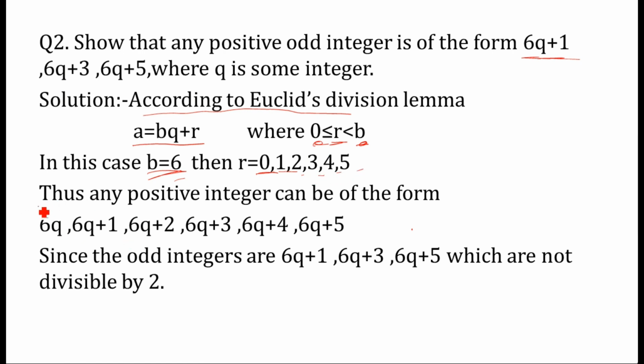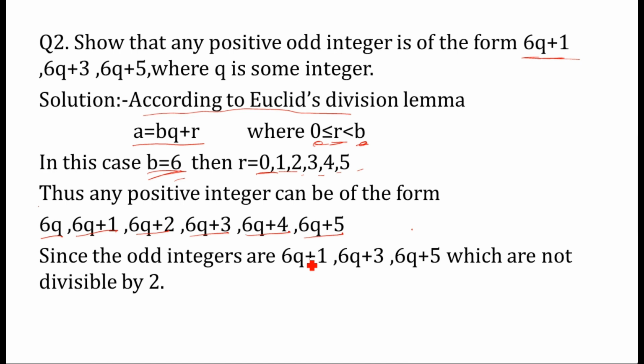Therefore, the positive integers we get are in the form 6q plus 0. Since the 0 has no value, we write just 6q. Then 6q plus 1, 6q plus 2, 6q plus 3, 6q plus 4 and 6q plus 5. The numbers 6q are multiples of 6, so they are all even.